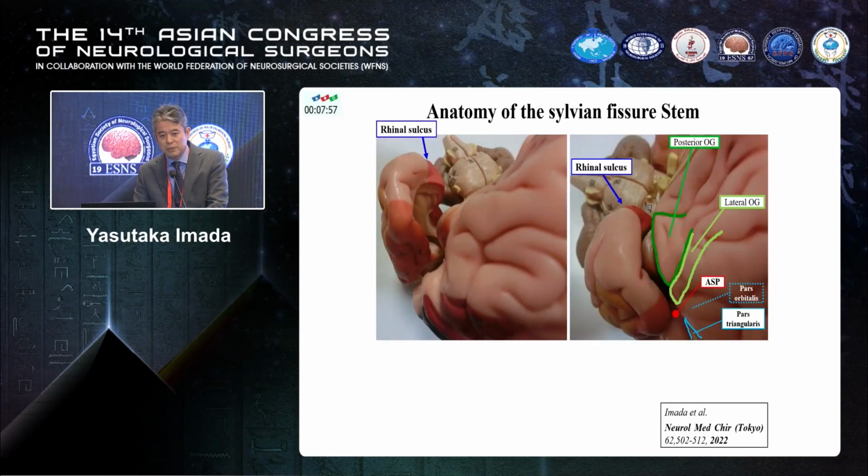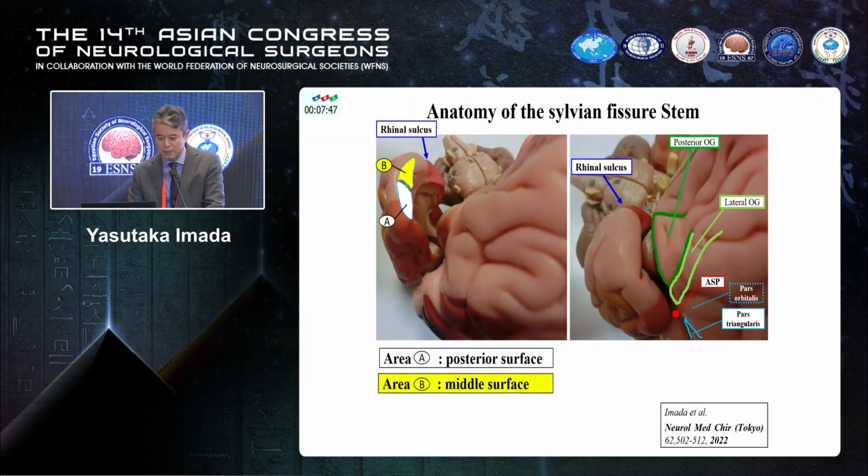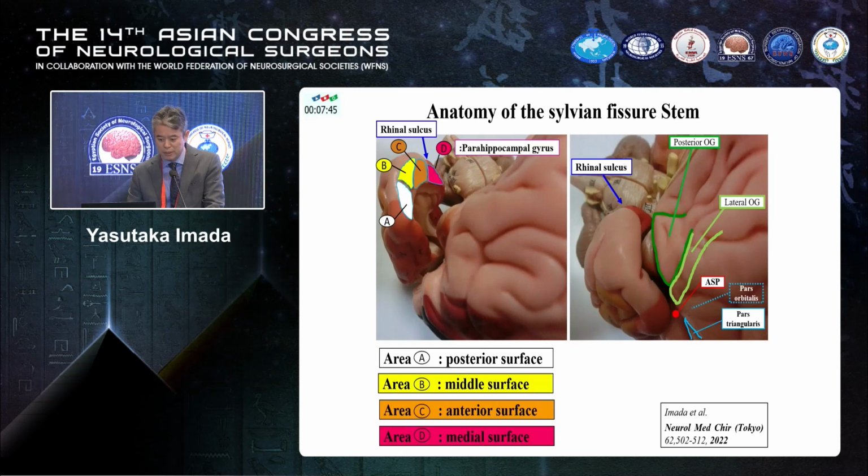From our investigation, the temporal side component of the stem has four surfaces, A, B, C, D surfaces. The pattern of each surface can be adhered with the orbital gyrus, like this.